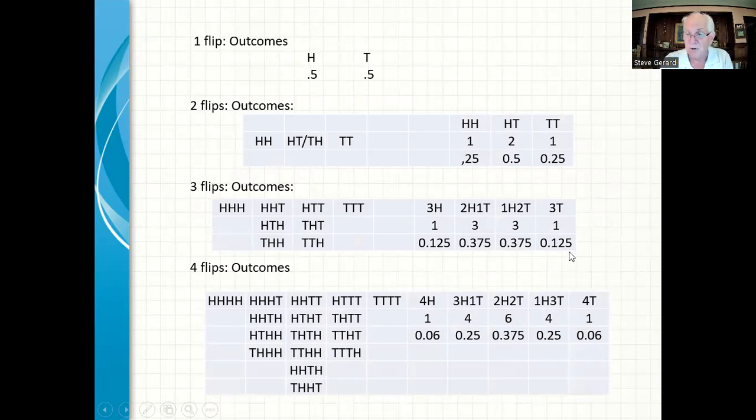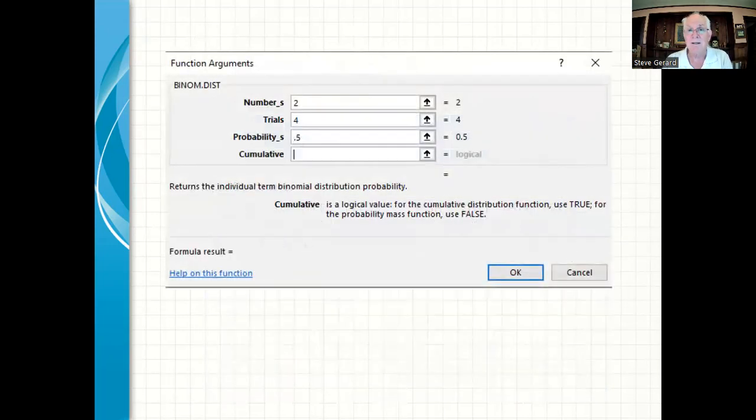Well, the good news is you don't have to do the mathematics of this much because in Excel, there is a formula, BINOM.DIST. And for instance, what I'm doing here is saying, what's the probability of getting 2 heads, tails, whatever you want here. And that means up to that number. On 4 trials, the probability of each outcome is 0.5. And then there's a thing down here that says cum.